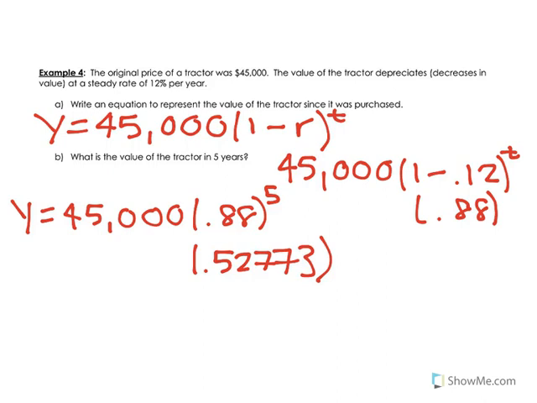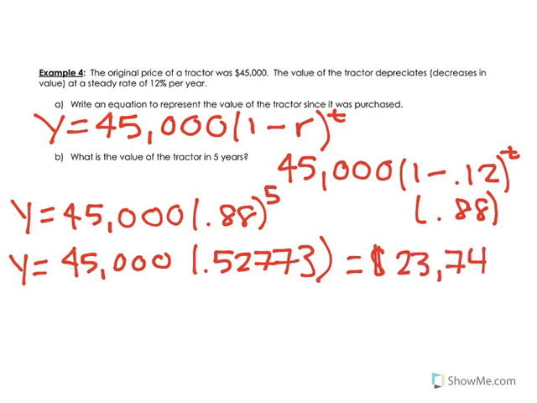You can leave that in your calculator, multiply it by 45,000, and after you multiply, you should get $23,747.94.